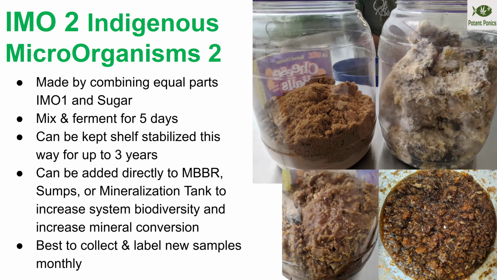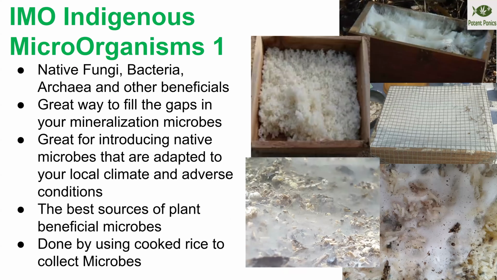We can take this and brew it into a liquid IMO for 24 hours in order to fill in any of the gaps. Now we add IMO to my aquaponic systems, alternating 1 week IMO, 1 week with lactobacillus. So, definitely something that you should be doing regularly.